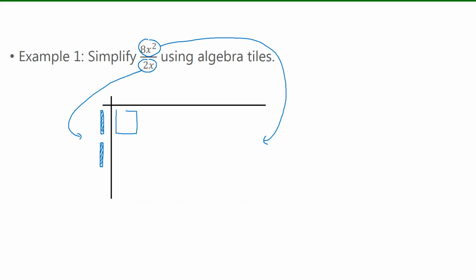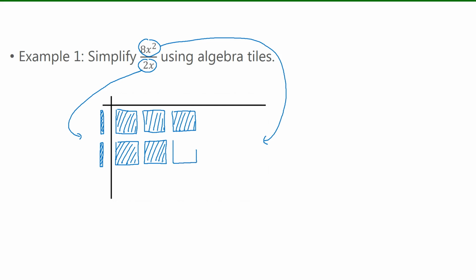So I'm going to place an x squared tile here, another one below it, another one up next to the x squared tile, and here, which gives us 4 x squared tiles. Here we have 6 x squared tiles. We need 2 more.